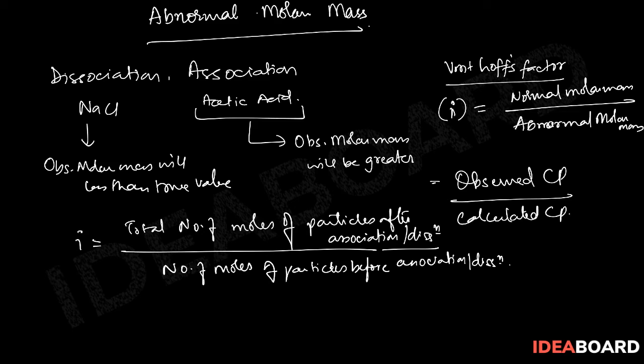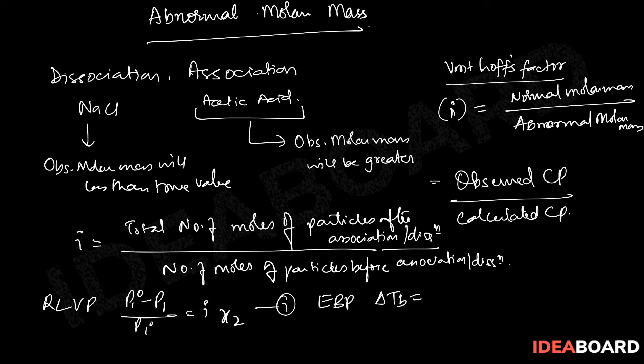Using this, we write the relative lowering of vapor pressure, that is P1 naught minus P1 divided by P1 naught, is equal to i into X2. This is the first equation. Similarly, elevation in boiling point, delta Tb is equal to i into Kb into m.